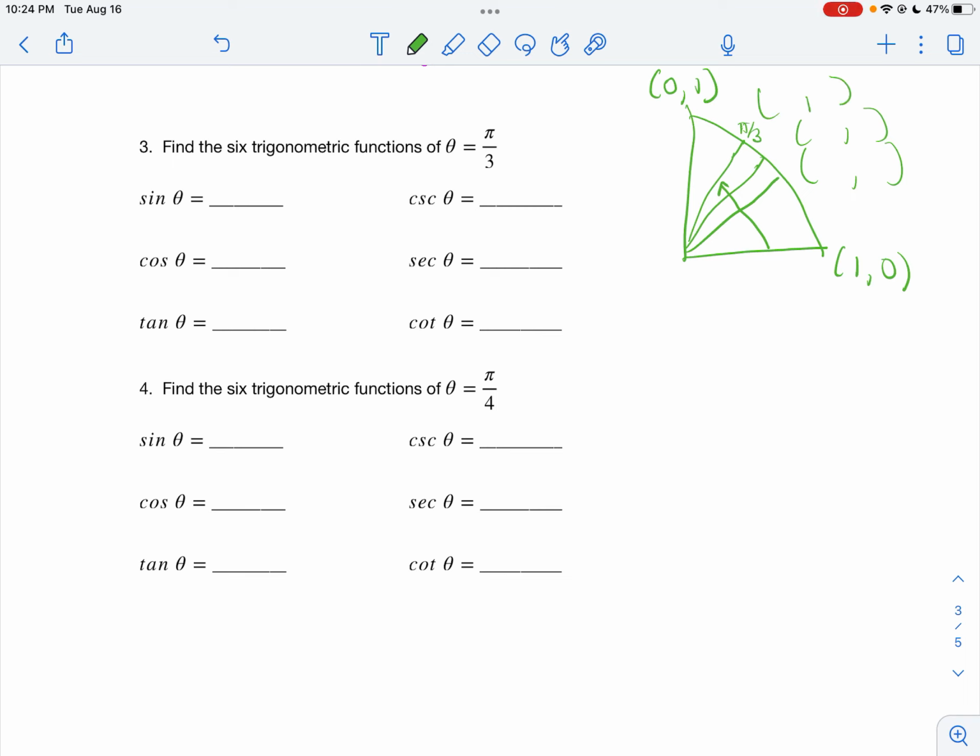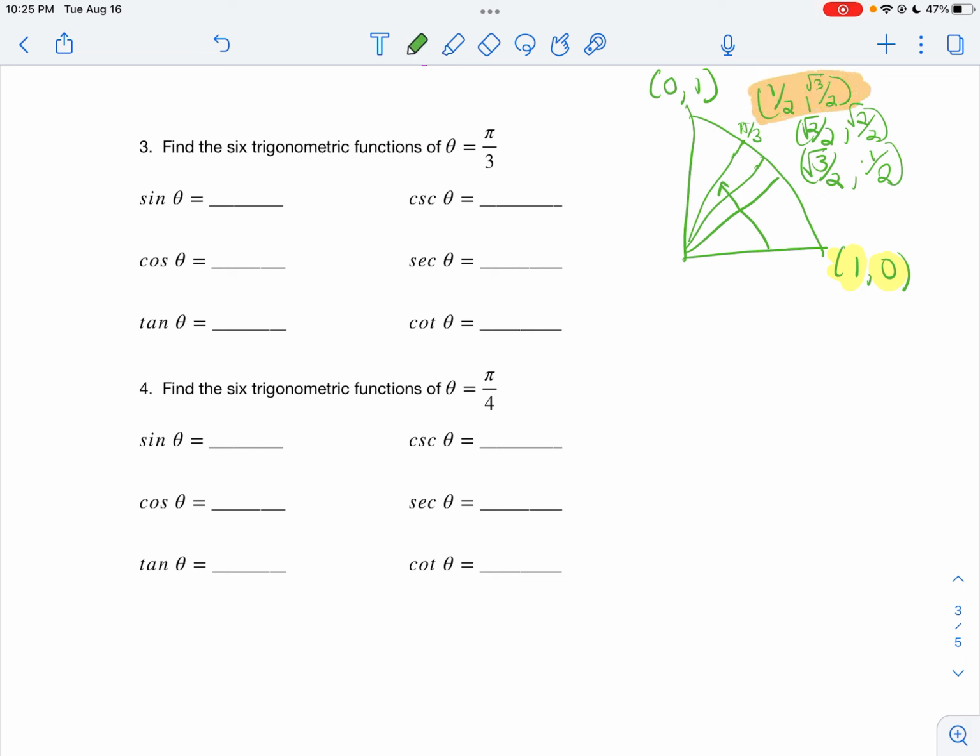For sine, I start at 0, so I count up 1, 2, 3, take the square root and divide by 2. And for cosine, I started at 1, so I count down 3, 2, 1, take the square root and divide by 2. What I'm caring about on this one is our 60 degree angle, or pi over 3, which is this point. So I'm going to use the point 1/2, square root of 3 over 2.